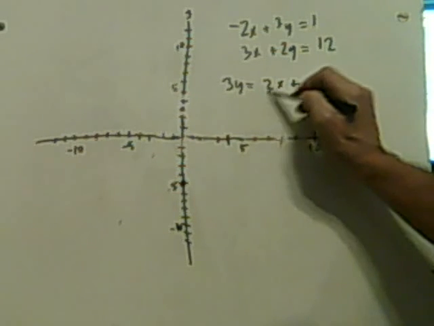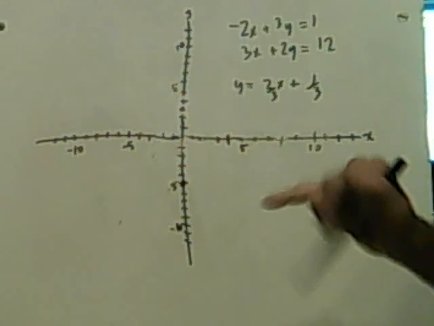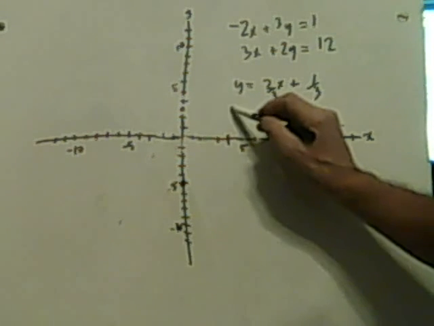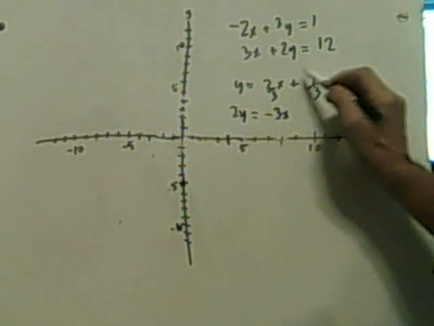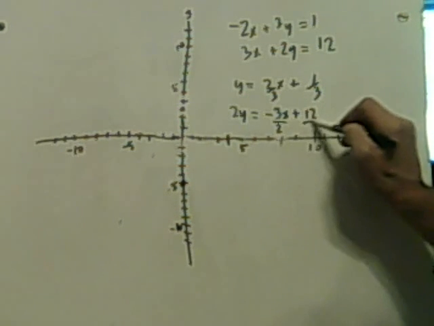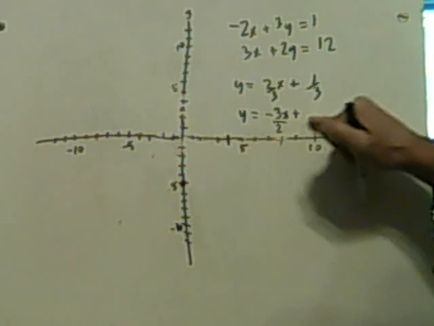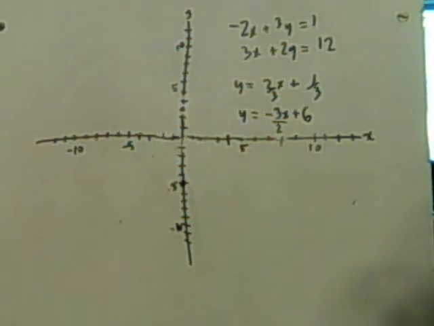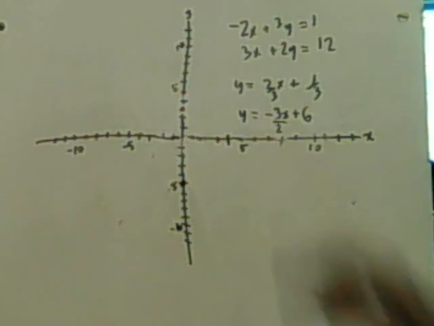Then we're going to divide through by the 3. The second one we're going to put in standard form. It's going to be 2y equals negative 3x plus 12. Then we're going to divide through by the 2. Get rid of the 2, and then we'll change this to a 6. See how I'm using more of the whiteboard now? To write multiple lines, I'm doing more in one step.